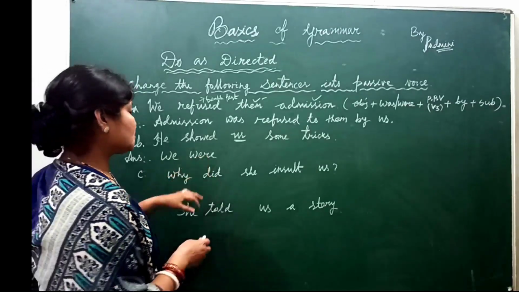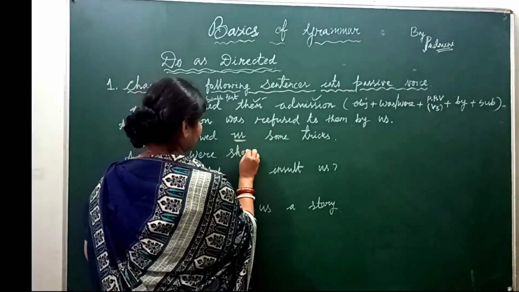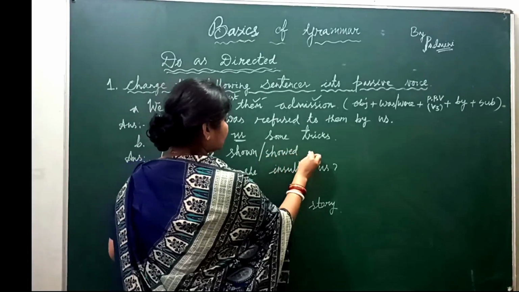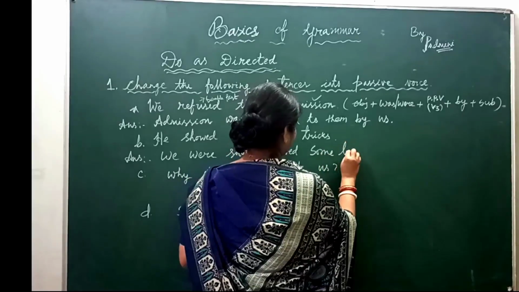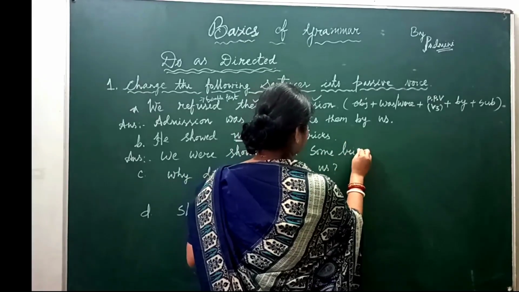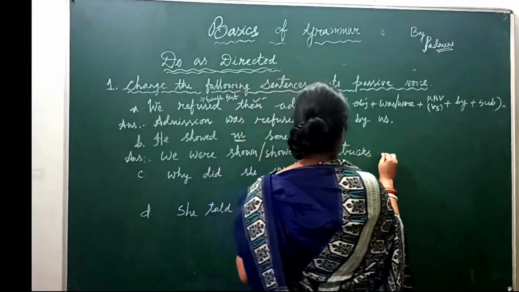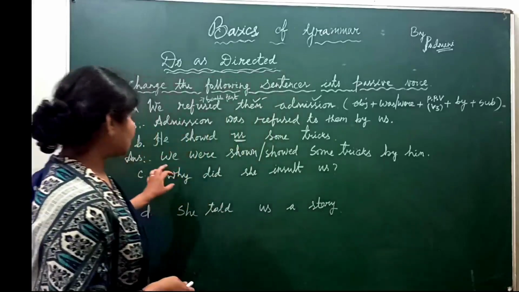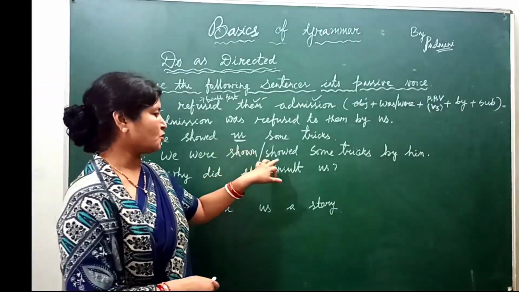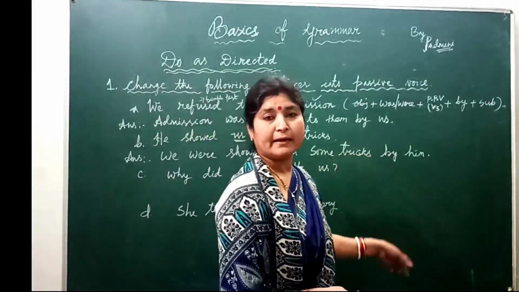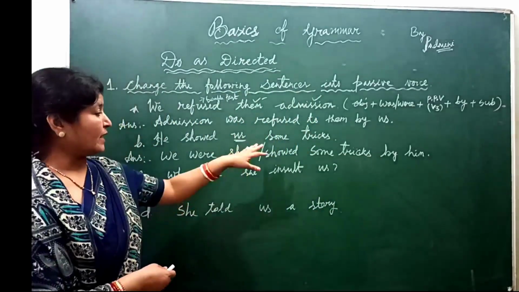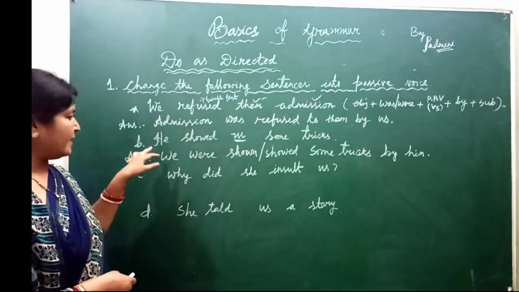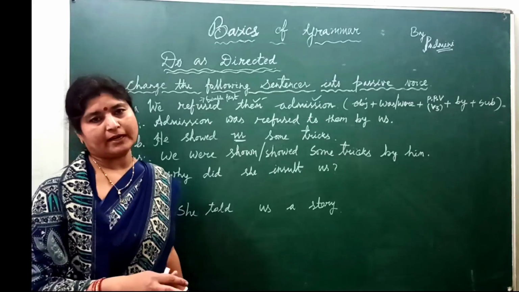So we were shown or showed some tricks by him. So we were shown or showed some tricks by him. Or we can write some tricks were shown to us by him. Both the answers are correct.